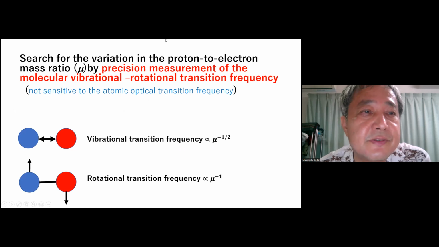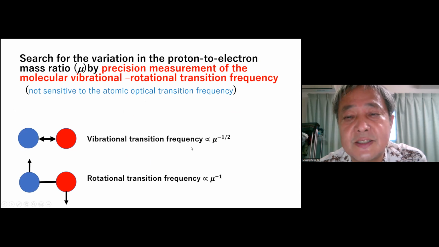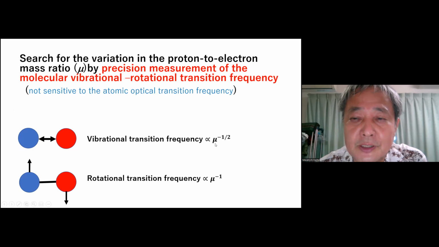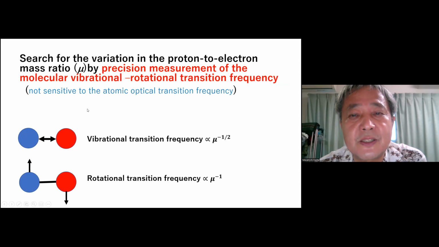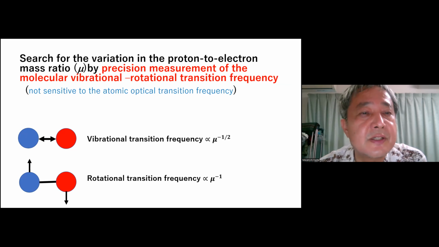The first example is the search for variation in the proton-electron mass ratio by precision measurement of molecular vibrational or rotational transition frequencies, because the vibrational transition frequency is inversely proportional to the square root of the proton-electron mass ratio, and the rotational transition frequency is inversely proportional to the proton-electron mass ratio. But for atomic optical transition frequencies, the sensitivity is 5 orders smaller.